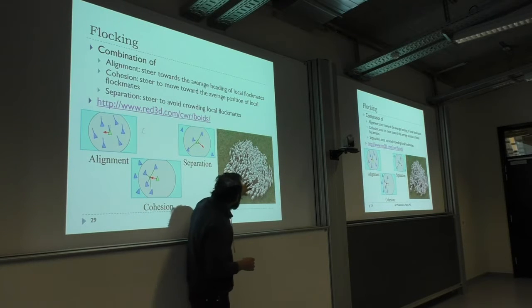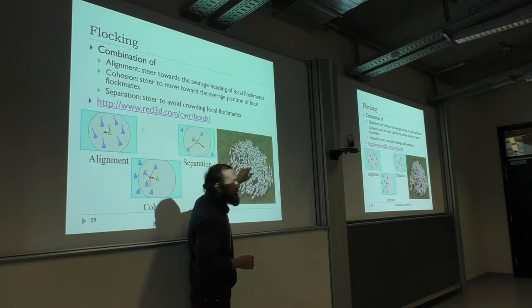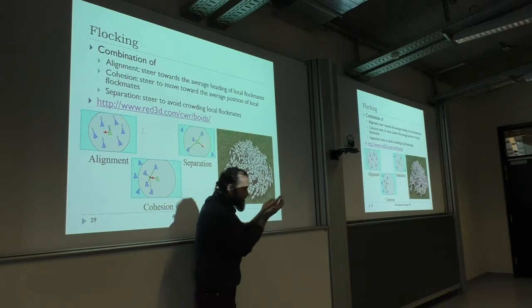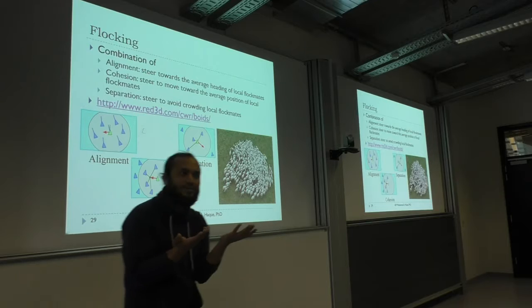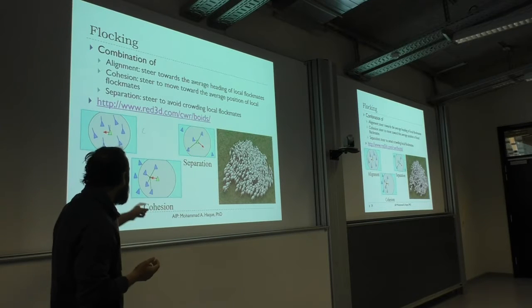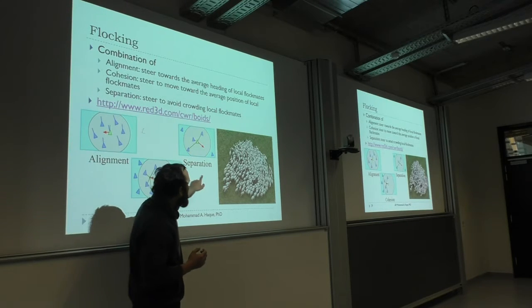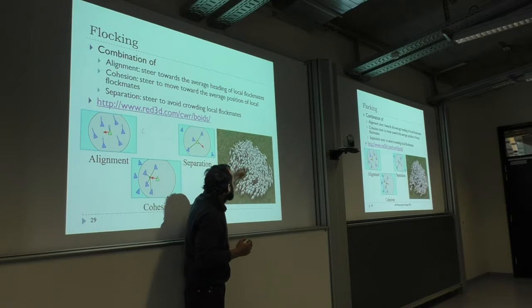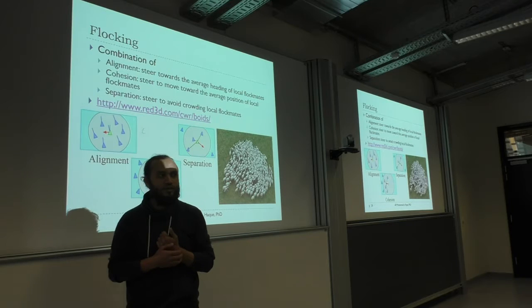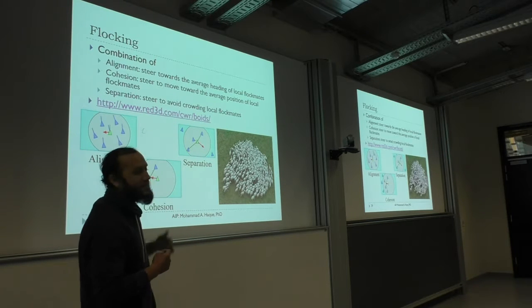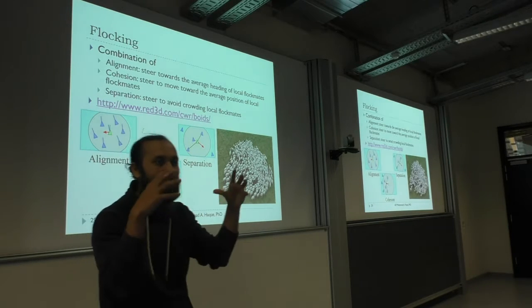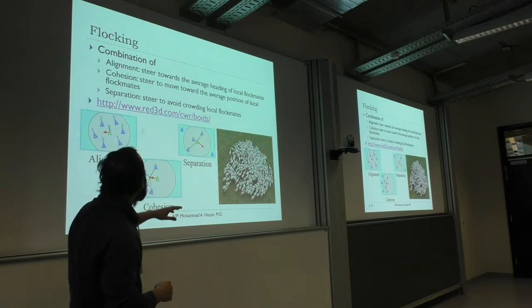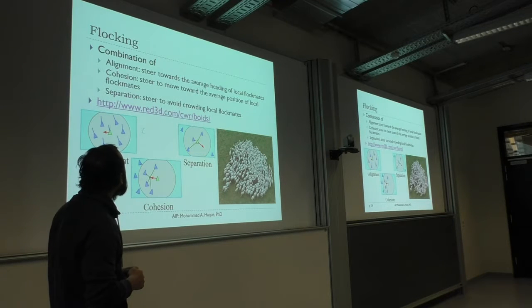But most of the agents are following that they have a specific distance, not more, not less, something like this. That is cohesion. And then still they are not overlapping on each other. I mean, one sheep is not going on top of another sheep, not like this. So this is separation. These three concepts, if you put together, then you can get a flocking concept.